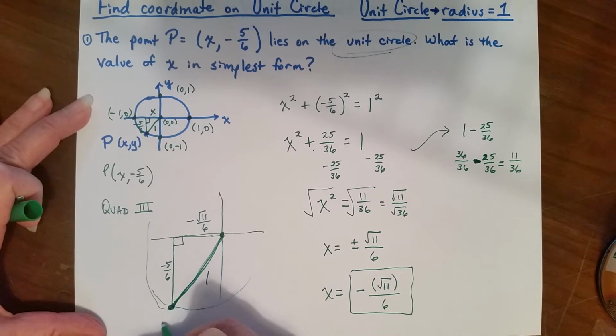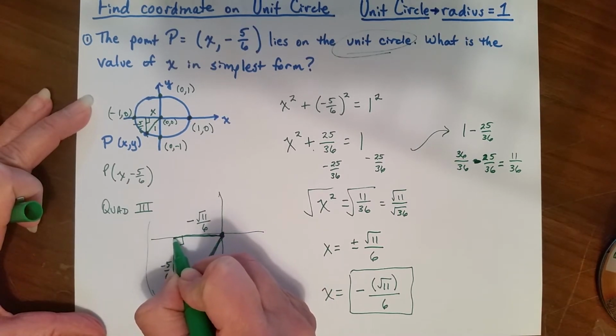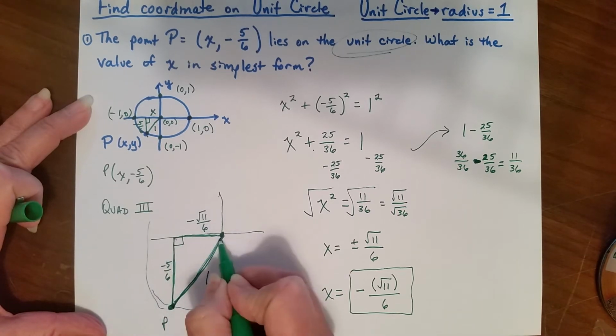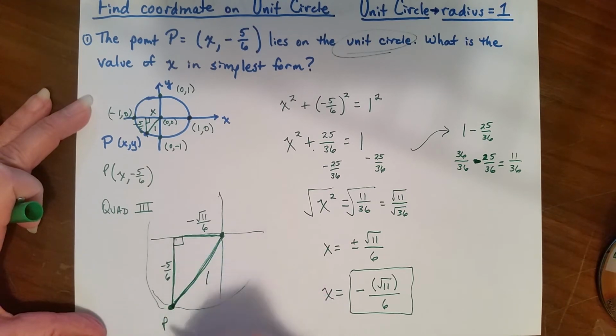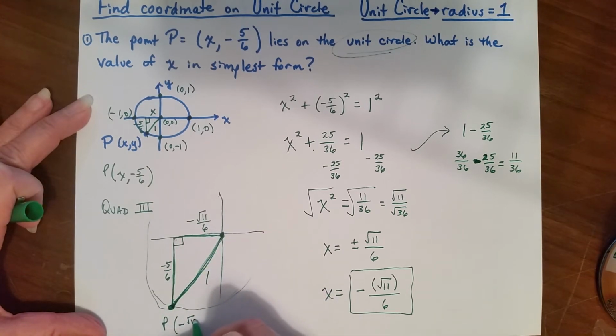So to get to this point P, the coordinates are negative root 11 over 6 and then negative 5/6. Both of those values have to be less than 1 because 1 is the longest side in any right triangle. So we just found P to be negative root 11 over 6, comma, negative 5/6.